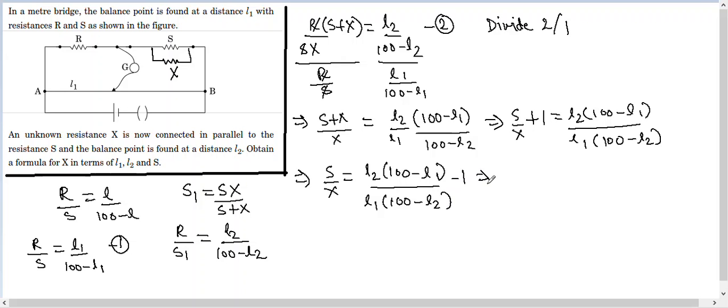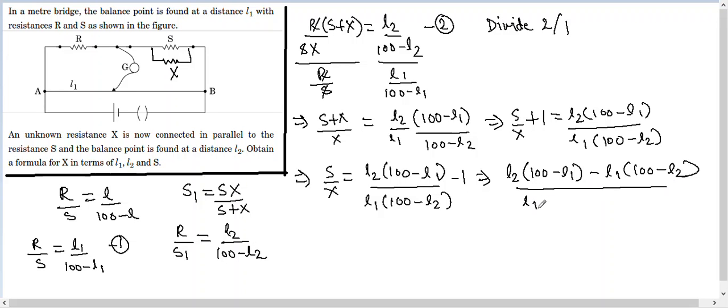So see, now we can take up the LCM and so what will happen is that L2 into 100 minus L1 minus L1 into 100 minus L2, upon L1 into 100 minus L2. So now we are just left with the job of opening the brackets.